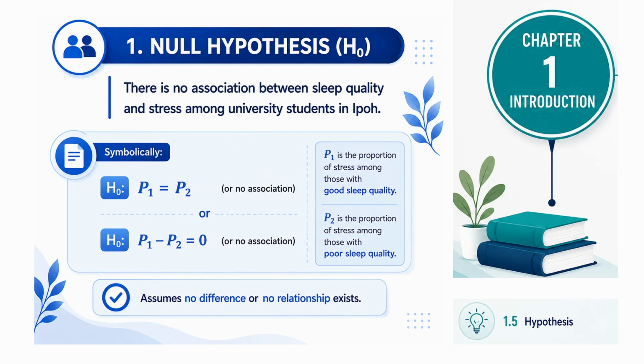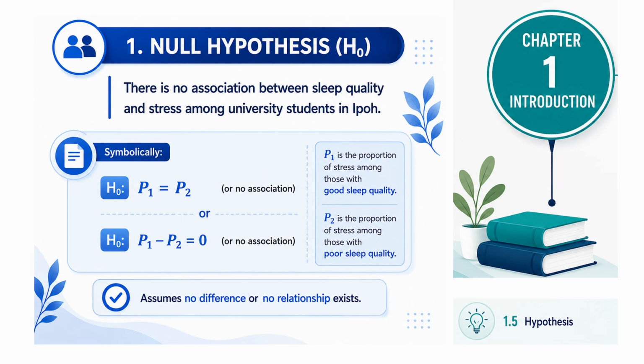One symbol is used for the null hypothesis, that is H0. Here H0 is actually P1 equal to P2. What is P1? P1 is the prevalence or proportion of stress among those with a good sleep quality. P2 is the proportion of stress among those students with a poor sleep quality.